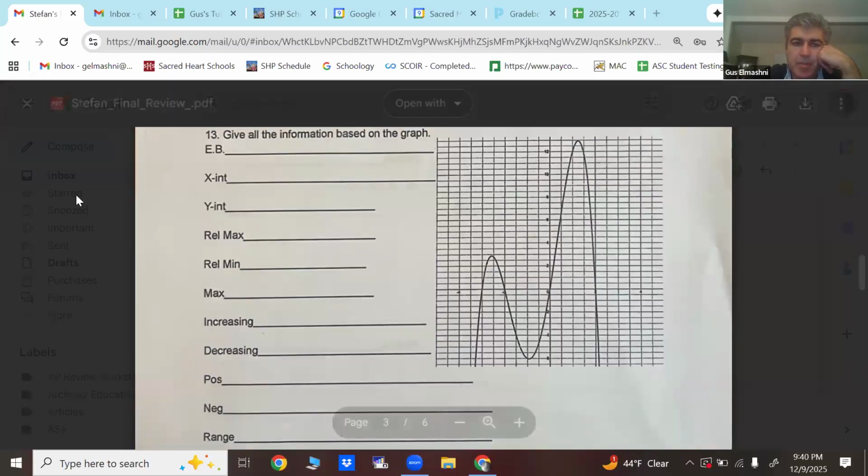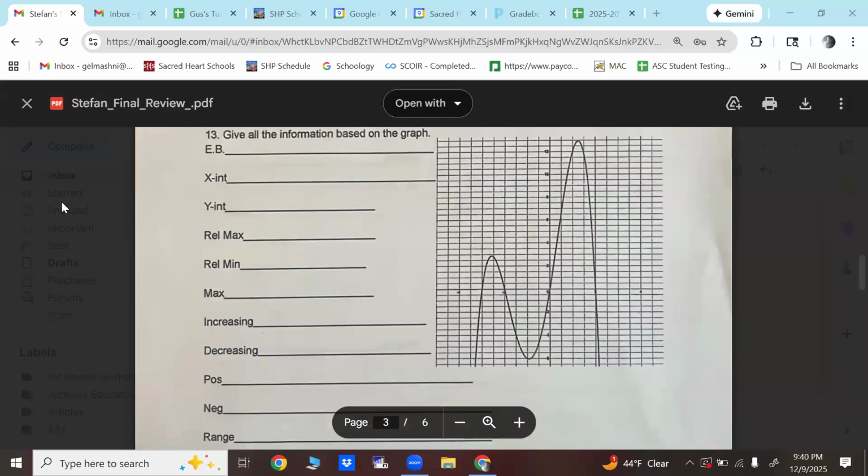Do you know what EB stands for? Hold on, EB, I get it now. I don't know. Give you a little hint here. What am I drawing? Arrows.